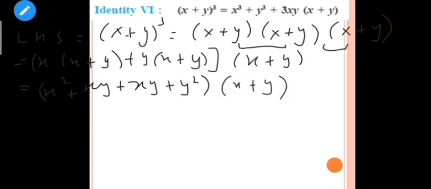Students, you can see that xy and xy are same here, so I can write it as x square plus 2xy plus y square, right? Because you know that like terms will be added here. So again it is the product with x plus y here, right? Okay, so again there are three terms and two terms, and I will multiply these.